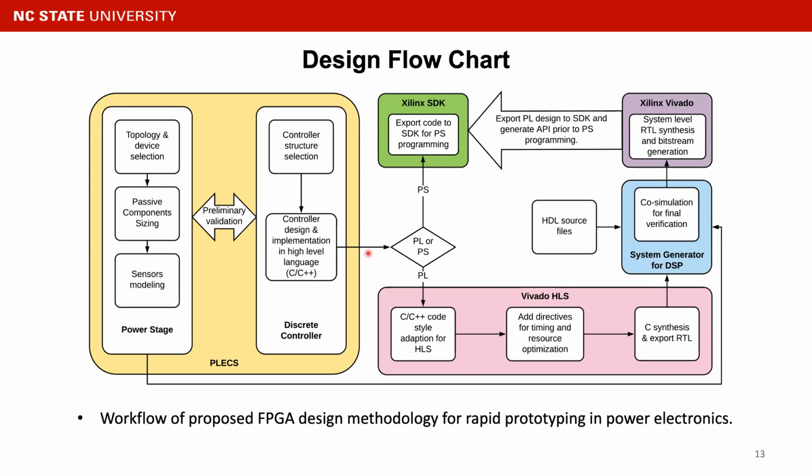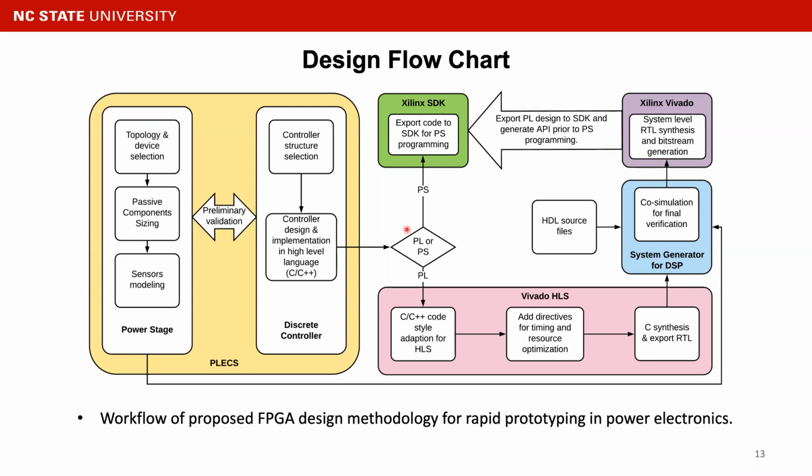So the next step is to implement the control algorithm in the actual controller hardware. For this Zynq 7000 SoC platform, the very first decision we need to make is whether we want to implement a particular algorithm in the PS or PL.